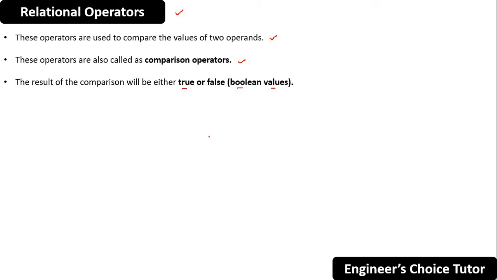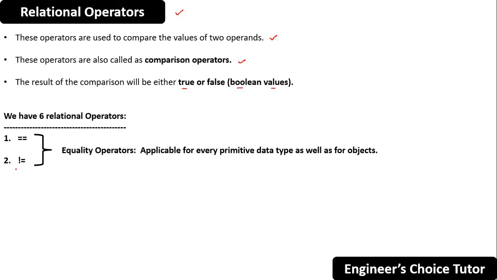In Java, we have 6 relational operators. The first two are double equal to and not equal to, and these are also called equality operators. They are applicable for every primitive data type as well as for objects. Remember this point.